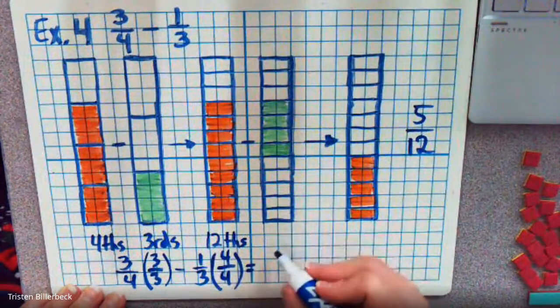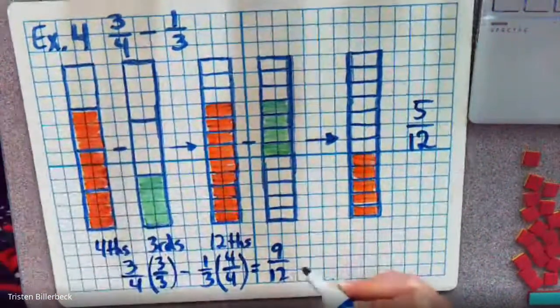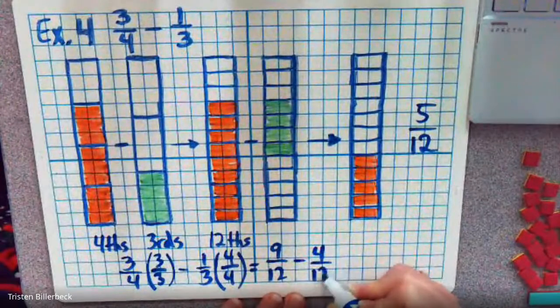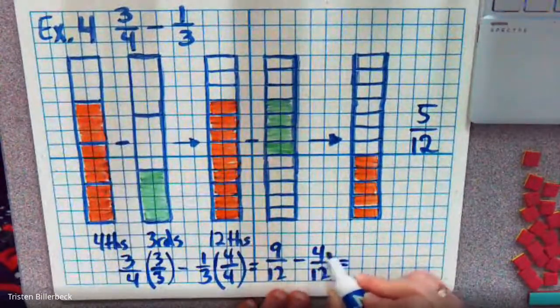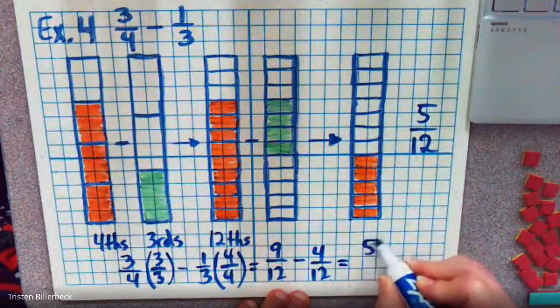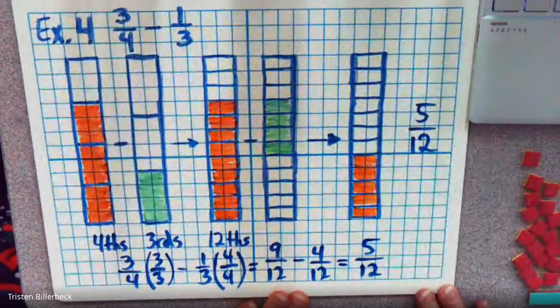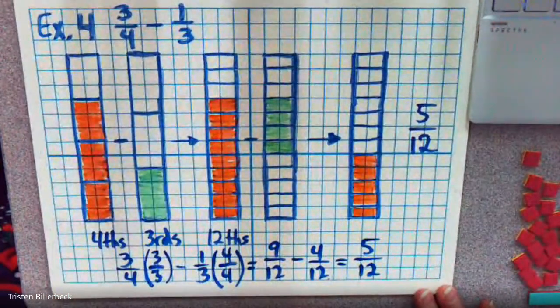That becomes 9 12ths, well, we counted right here, minus 4 12ths, which is what we counted right here. So when we subtract, 9 minus 4 is 5 12ths, which is what we got when we just counted what was left, 5 12ths.